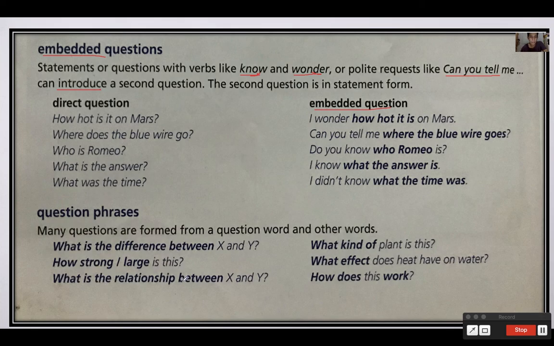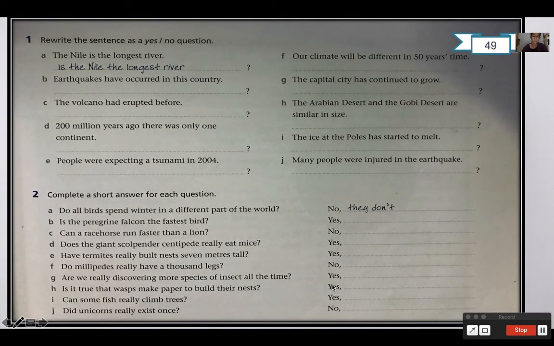What is the relationship between X and Y? How does this work? What effect does heat have on water? So many questions are formed from a question word and other words. Do not forget that.